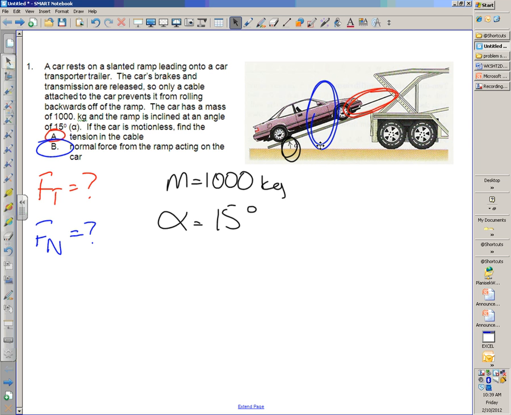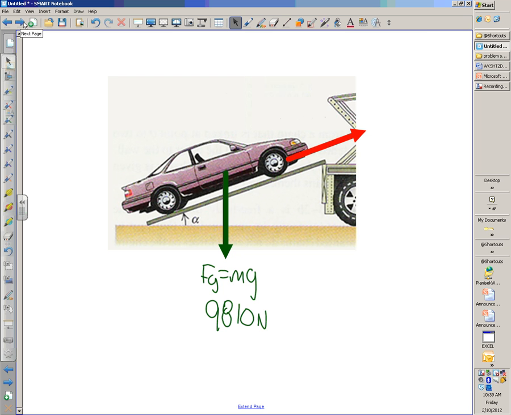But now in this problem, because the ramp has tilted, that normal force needs to be perpendicular to it. So I'm just going to do this for now, and it's going to be applying a force that looks something like that. Those are the three forces that are acting on the car. We already established before there was no friction. So those are my three forces.